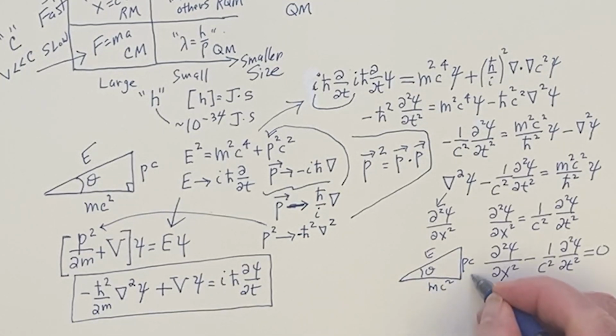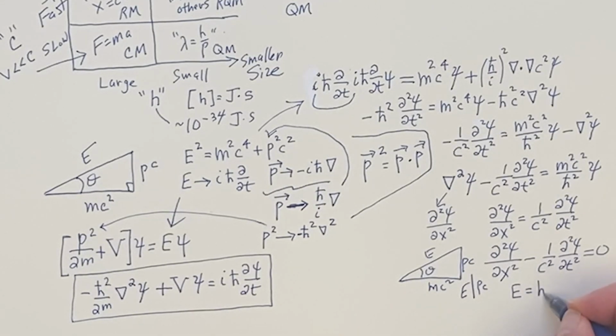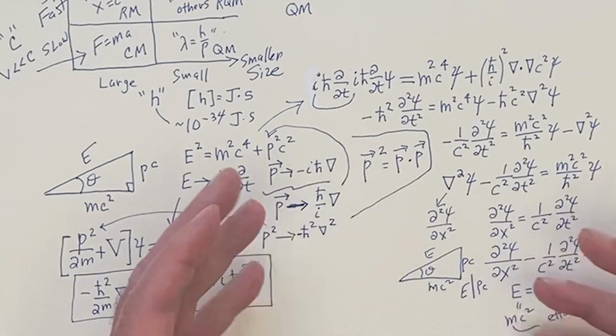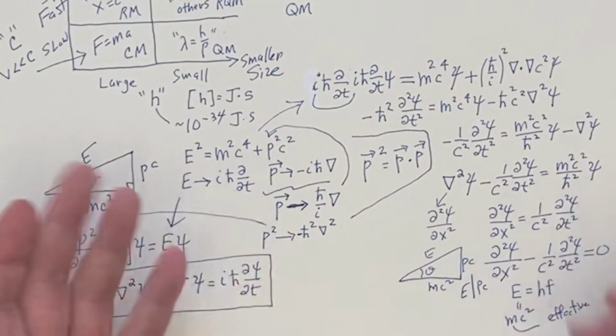And if you're going at the speed of light, the E is all pc, and then we said that the m, the rest mass of light, is 0. Now that's the rest mass, because sometimes in our course and other places, when you say E equals mc squared, they'll say this is an effective mass of the light. But the rest mass, see, light's not at rest, so that would be 0.